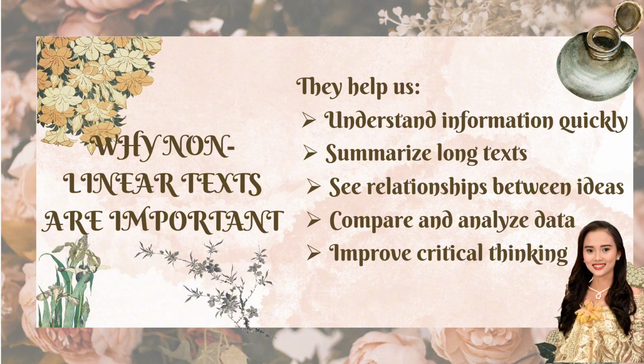And what are charts? Charts organize information into rows and columns and categories to compare items. And what do charts help us see? They help us see clear comparisons, organized categories, quick summaries, and differences and similarities.